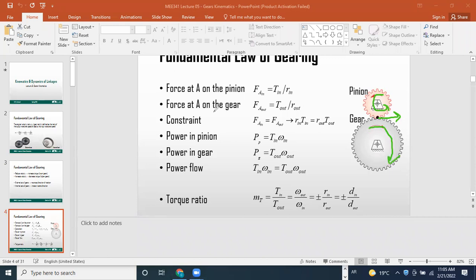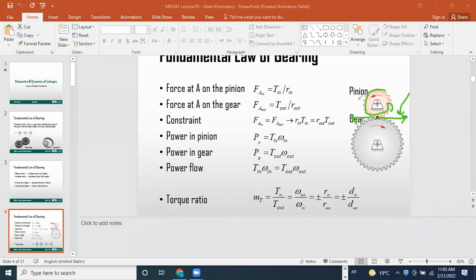Now, concerning forces, we talked already about forces. We said that by action reaction, the driving gear is the pinion, so it will do a force on the gear in this direction. This force will be driving the gear. However, for the pinion, the action of the gear on it will be opposite and it will oppose its rotation.